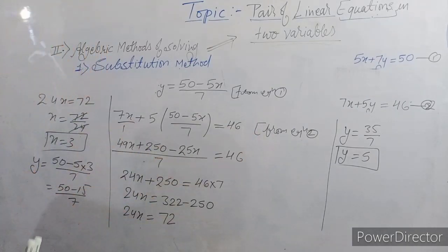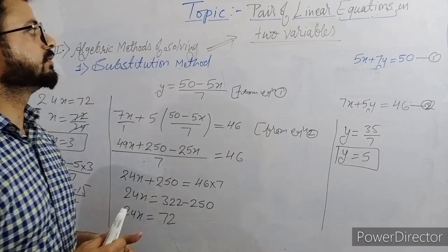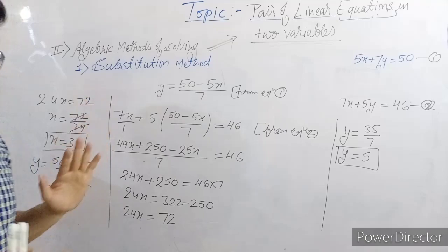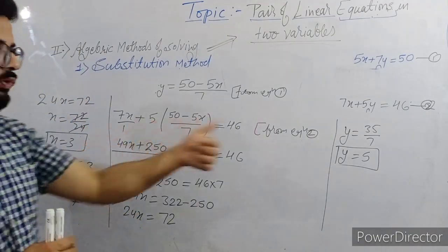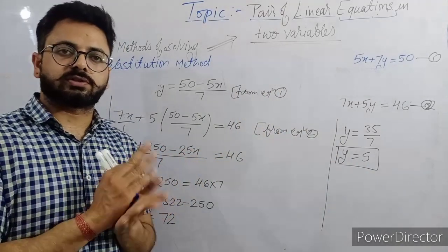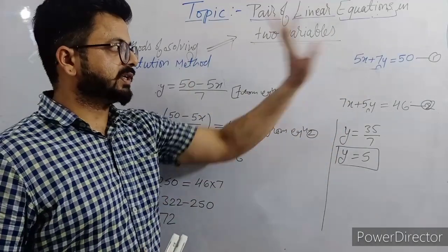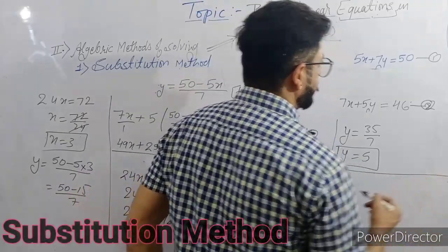So finally we will write x is equal to 3 and y is equal to 5 is the solution of these two linear equations. You can check once, if you have doubt in your mind whether it is correct or not. The examiner will not ask this question, and in your book also it is not there. Place 3 and 5 in both the equations and check once. This is the checking method I am telling you.